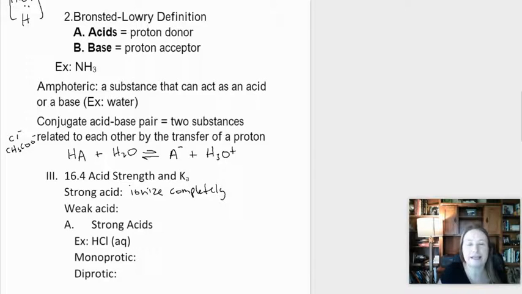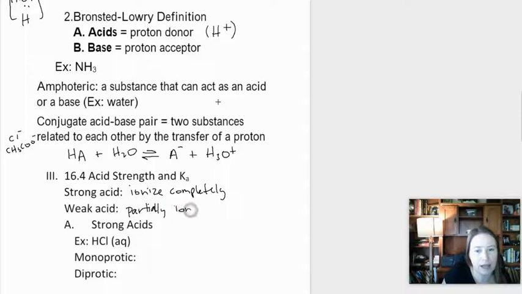The lazy version is saying acids give off H plus, that's our proton. What's actually happening is that H plus is produced, but then it's immediately turned into hydronium, H3O plus. So strong acids ionize completely. Weak acids only partially ionize.